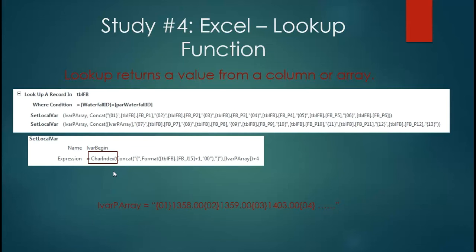I'm using the concat to put together a curly bracket, the number that I want plus that one that we talked about, formatted into a 00 format. So if this number is 1, it's going to say 01, and then I'm going to put another curly bracket on there. What this entire statement is doing is giving me the position of what I'm looking for.